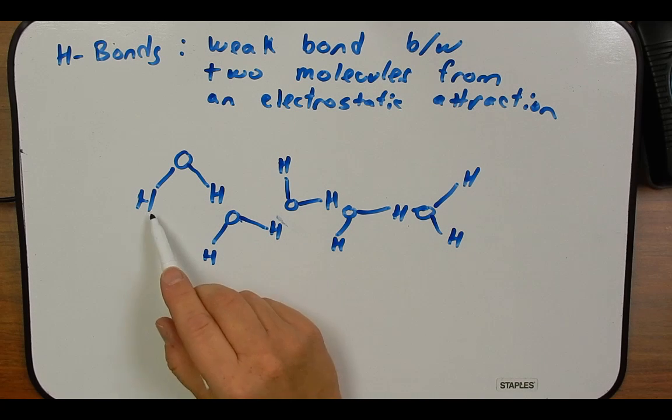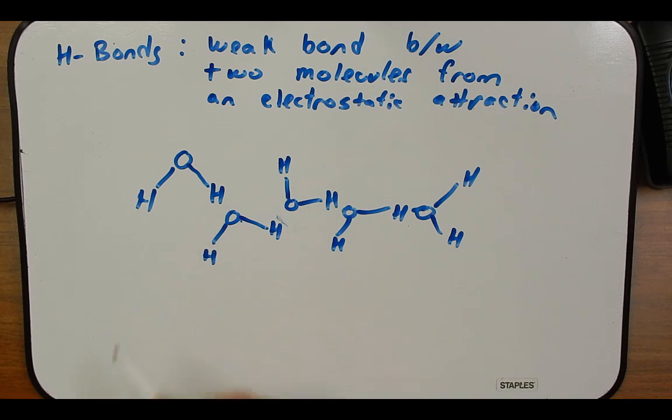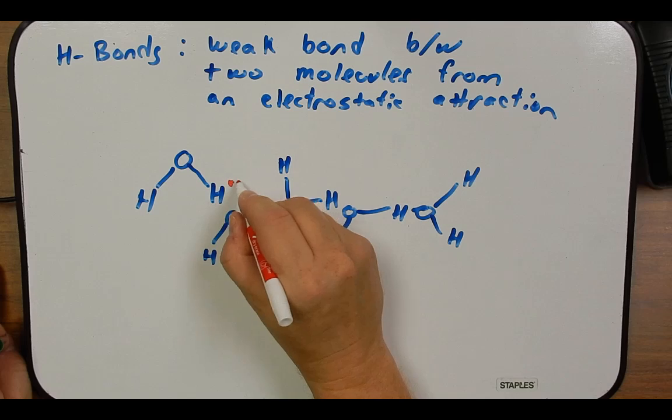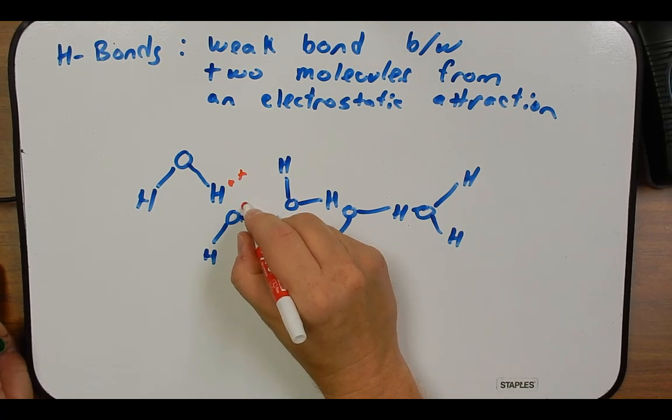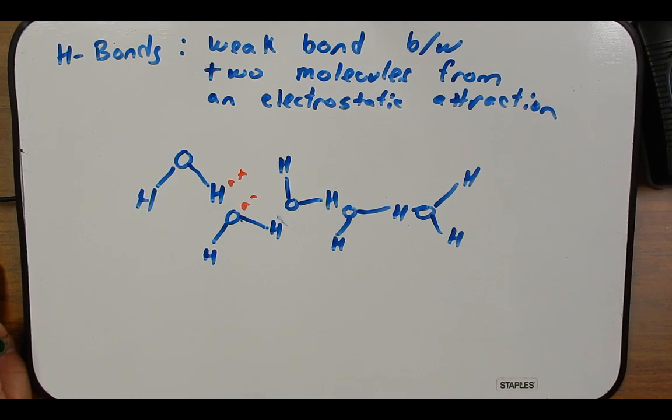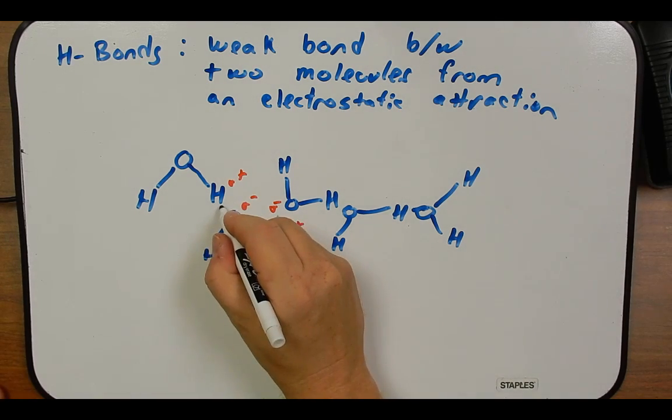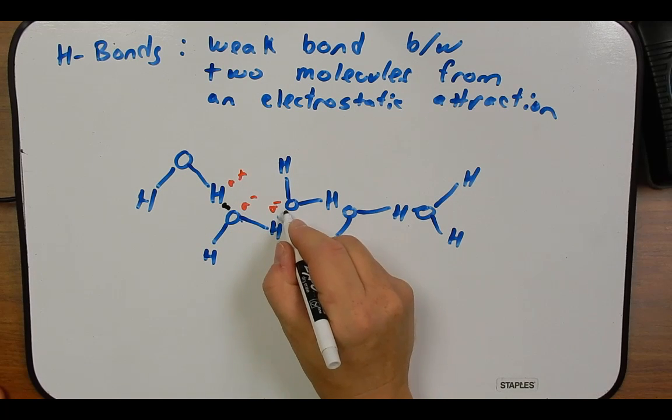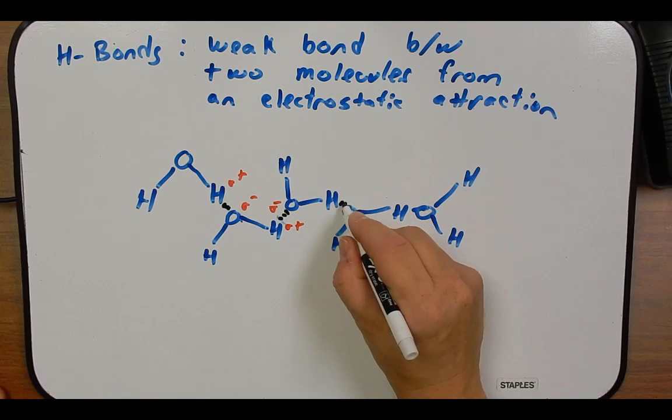In fact, each of these hydrogens will bind to their own water molecule, same with that oxygen. The reason they can do this is that they take advantage of partial positive and negative charges. The hydrogens have a partial positive charge, the oxygens have a partial negative charge. All of them do. And so that allows for this very weak bond between these oxygen and hydrogen molecules.